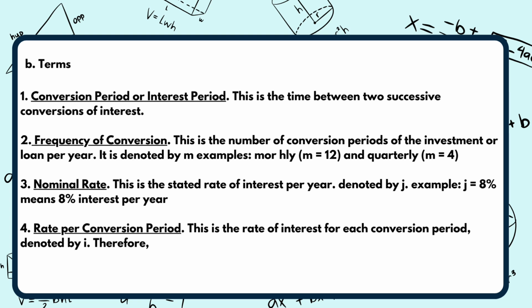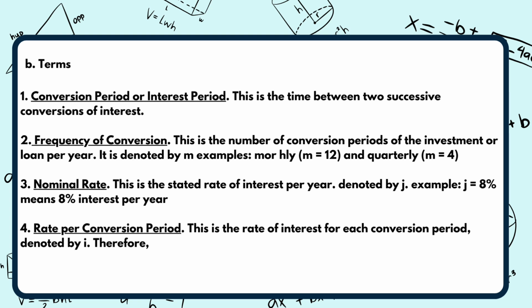And number 2 is frequency of conversion. This refers to how many conversion periods there are for an investment or a loan in a year. It is represented by the letter M. Examples are monthly, M is equal to 12, which means there are 12 conversion periods in a year. And quarterly, M is equal to 4, meaning 4 conversion periods in a year.